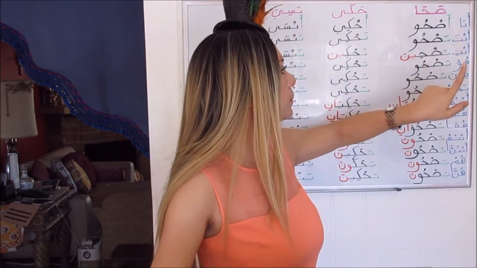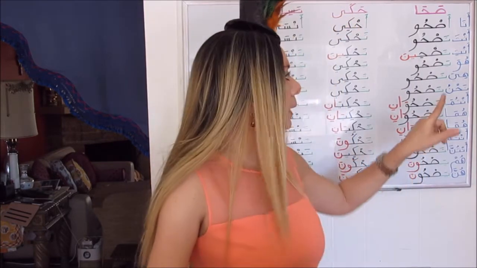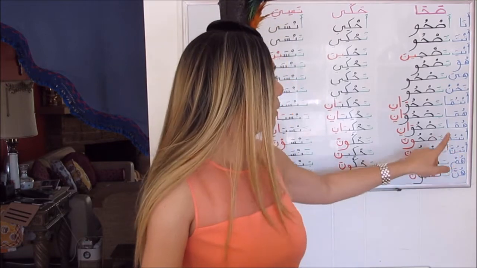The same idea works for the subject pronouns أنت, second person singular masculine; هو, third person singular masculine; هي, third person singular feminine; and نحن, we, first person plural, masculine or feminine.